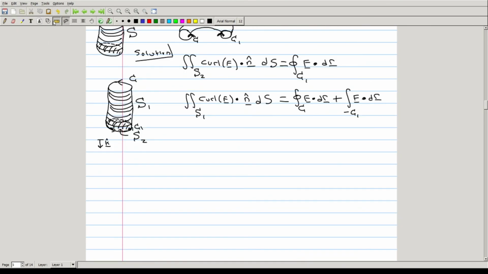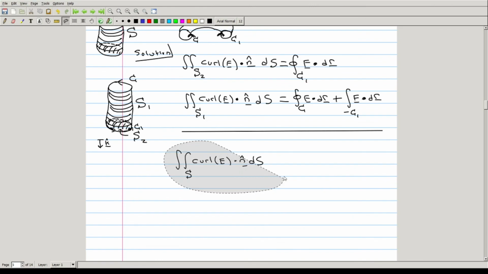And the solution really comes about in a very nice way when we add these two things together to get the total flux over the surface S, which is the side of the can and the bottom of the can. Both of these come from the theorem that we proved before.